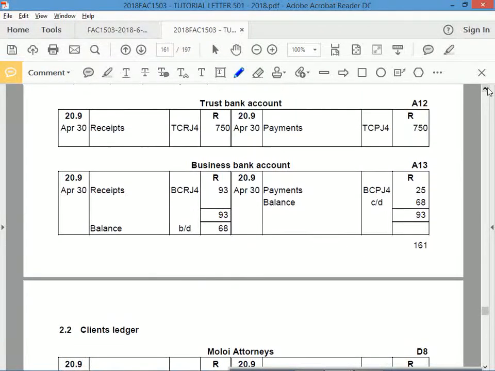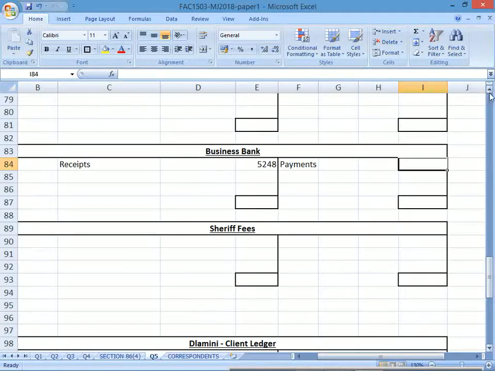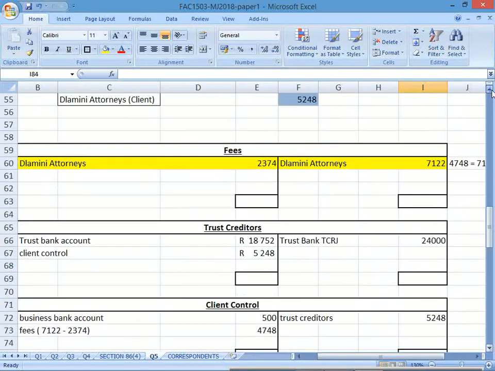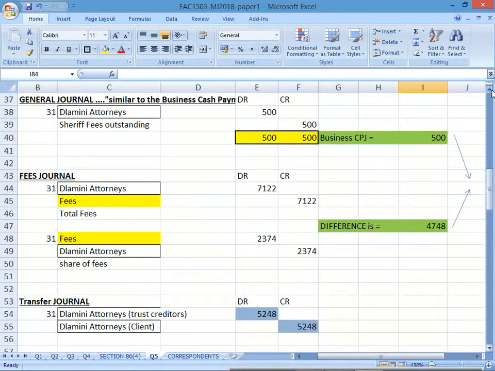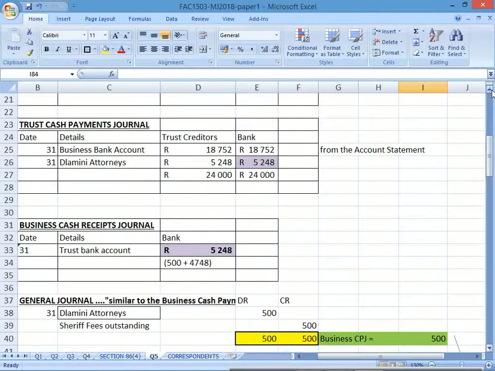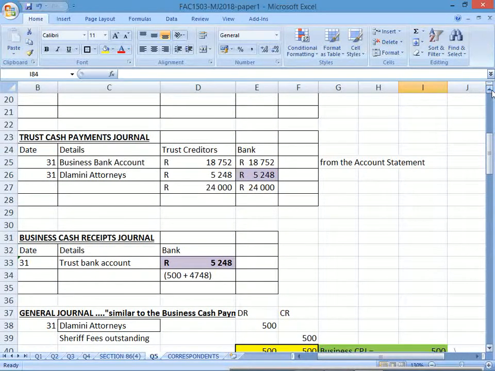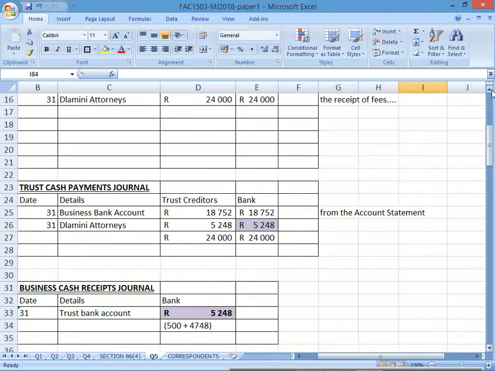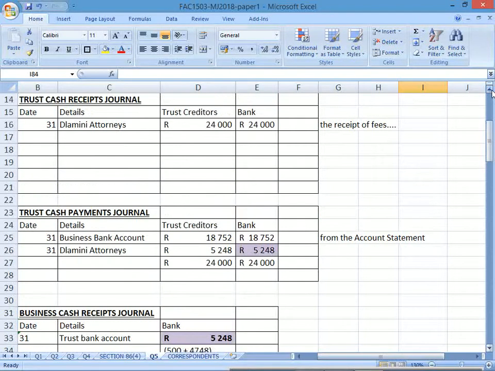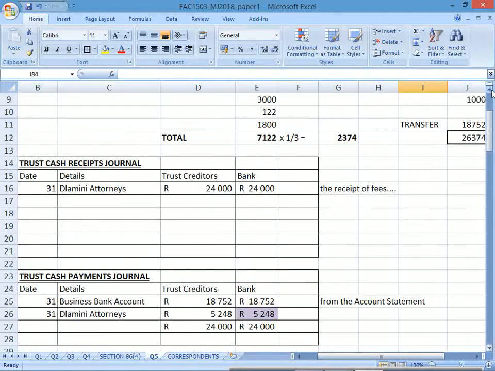Let's go back and check that. How much did the business pay? Where's business bank account? There, business bank account. Oh, that's trust cash payments journal. Trust cash payments journal. Trust cash receipts.